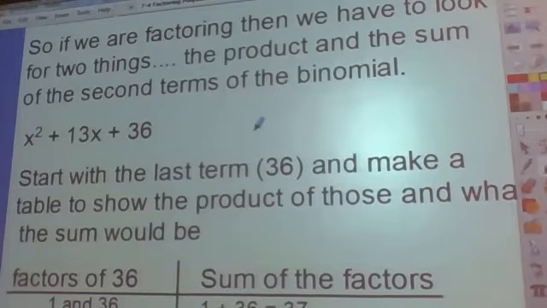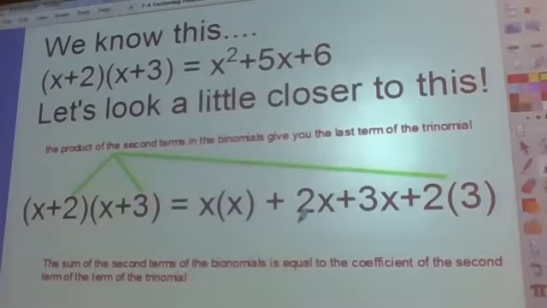So watch, if we are factoring, then we have to look for two things: the product and the sum of the second terms of the binomial. And remember, we're factoring, so we're breaking this answer right here into this.